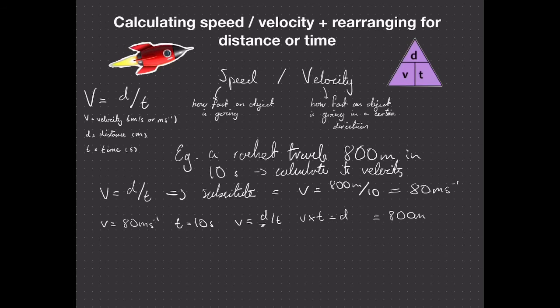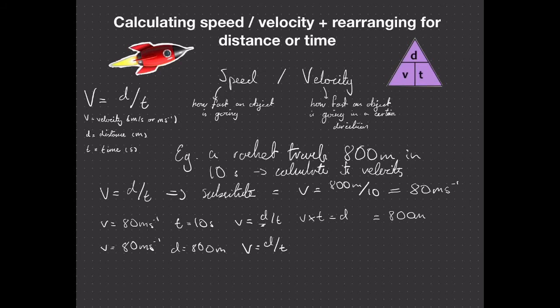What if we're looking for time? If we're provided with the velocity and the distance, v equals 80 meters a second and d equals 800 meters, we're going to go through the same steps. I would write out the equation v equals d over t.